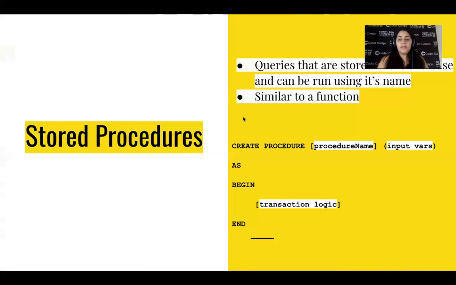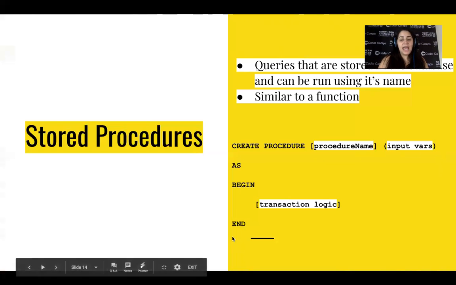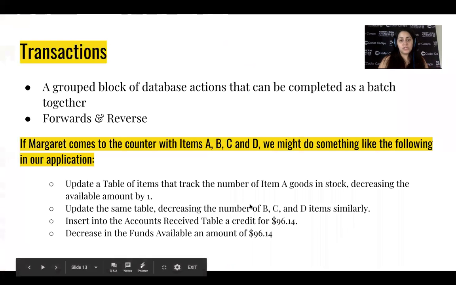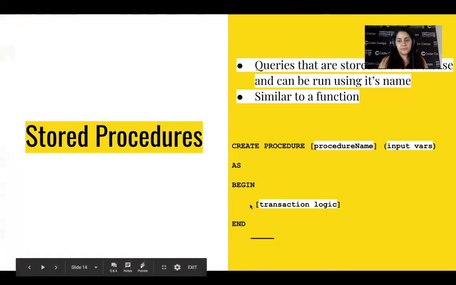How you would write that is create procedure, and then the name of your procedure and whatever input variables that you need, and then as begin and end. Anything between the keywords begin and end is the real meat of the procedure, and that's going to be a transaction, which is what we just talked about.